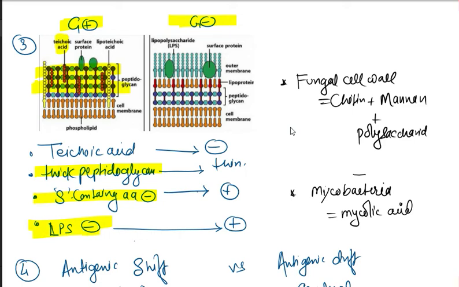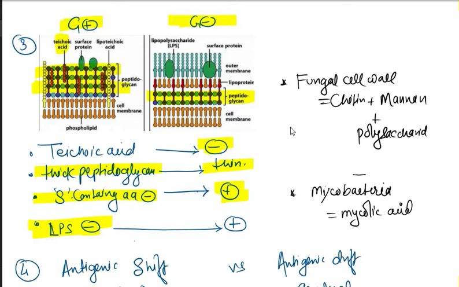What about gram negative? Here we see the peptidoglycan layer is thin, and teichoic acid is absent here, no teichoic acid, and it contains sulfur containing amino acid.